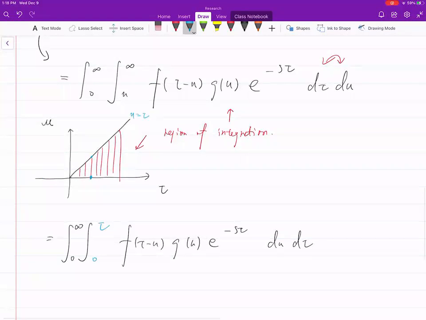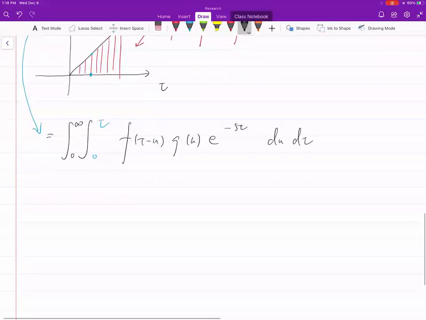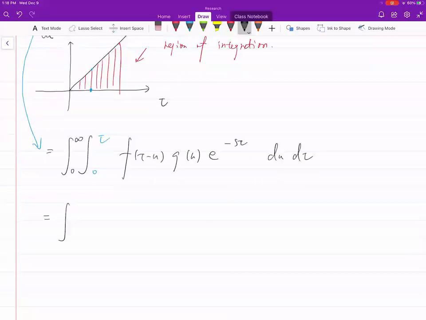Okay, that's where the gap was last time. But for the same region, we just changed the order of how we do the integral. We have this. Okay. With that in mind, finally we have this. That is okay.